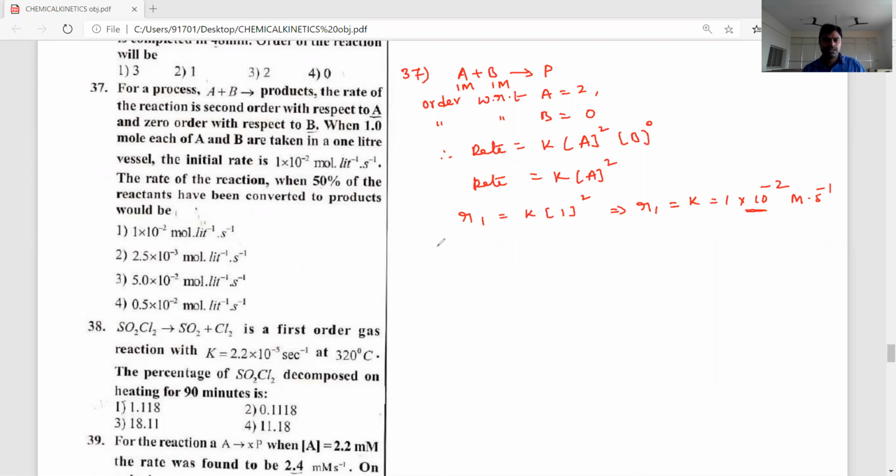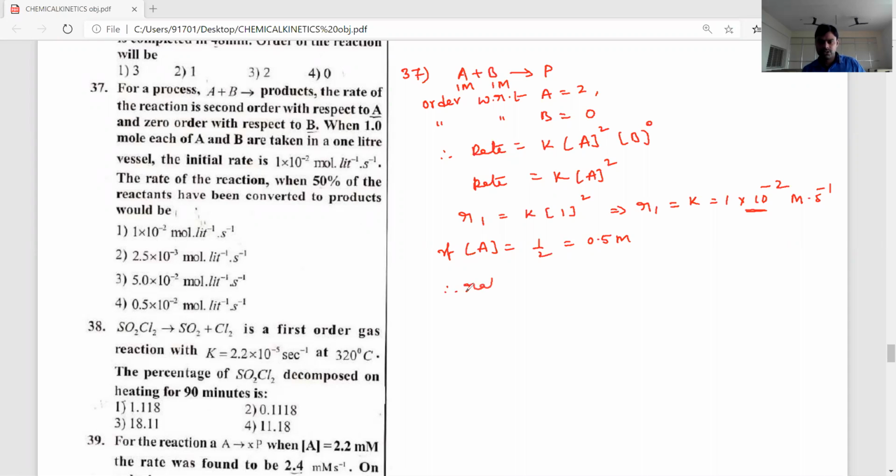When 50% of reactants are converted into products, means concentration of A is equal to 1 by 2, which means 0.5 molar. In that case, what is the rate they asked?